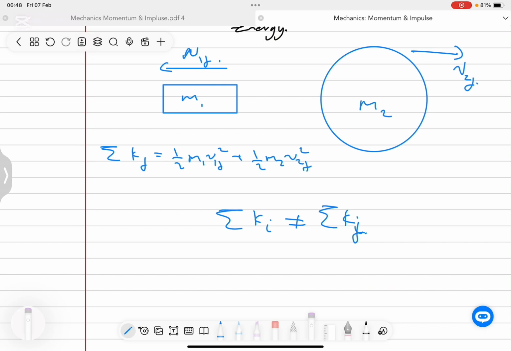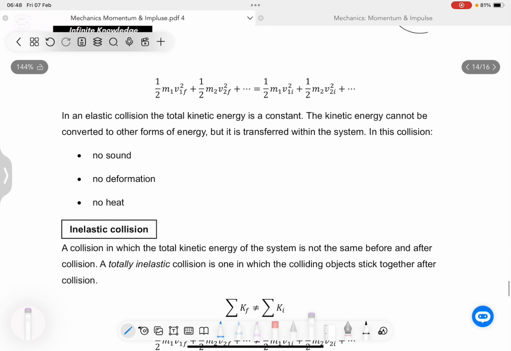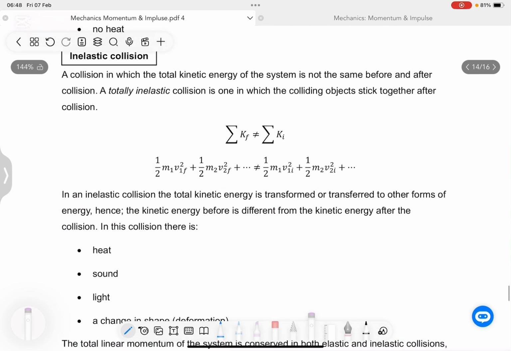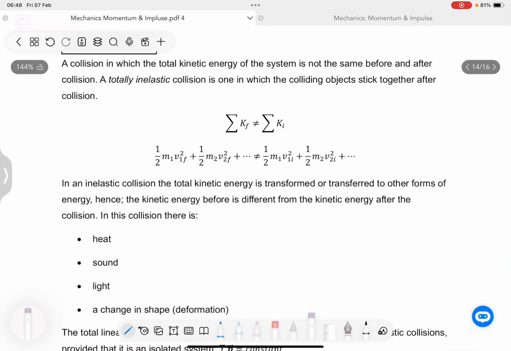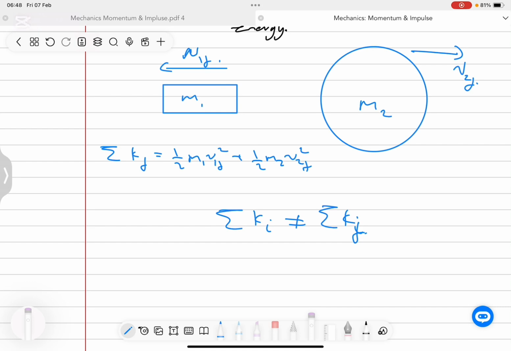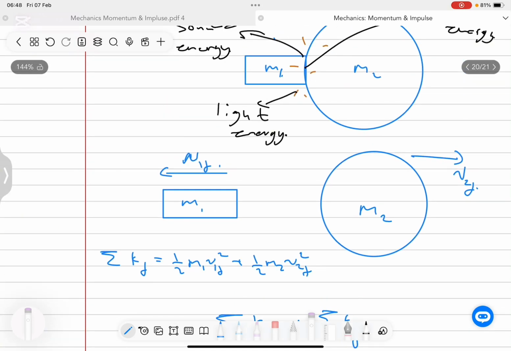Remember, our law says it can only be transferred from one form to another, so it is being transformed to other forms of energy. By default, we should see that this type of collision would then have heat, sound, light, and also change in shape. There'll be some form of deformation, because sometimes you'd find that this object will be deformed a little bit, and this one also can be deformed. It can change in shape.